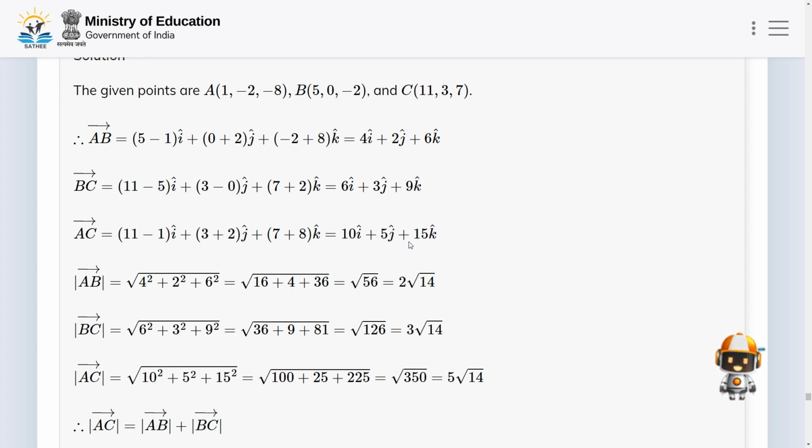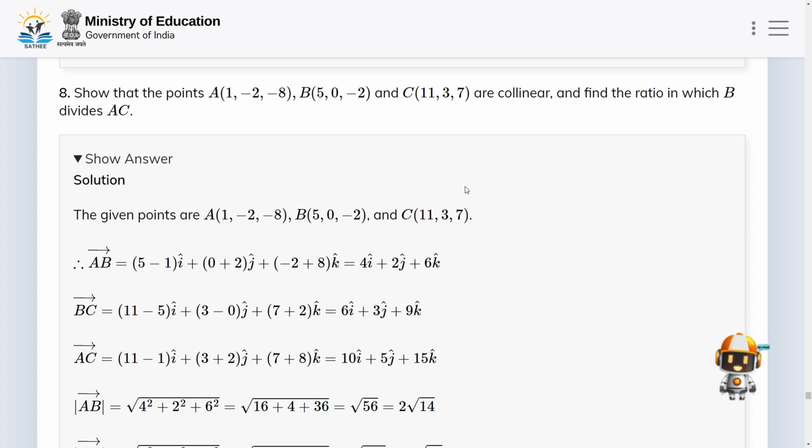Now it is quite easy. You have to show that the points are collinear and find the ratio in which B divides AC.